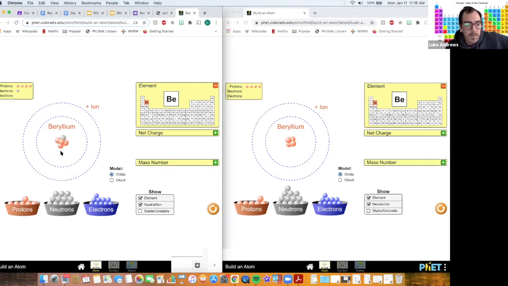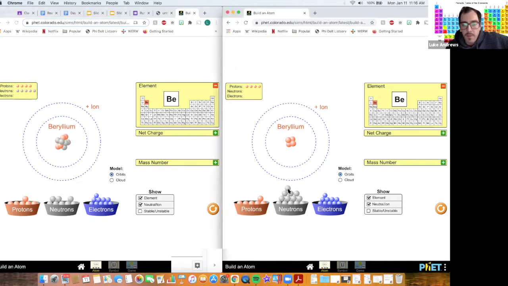So I have beryllium with 4 protons and 5 neutrons. I want to make this a neutral atom because there's nothing here saying that it's not a neutral atom, so I'm going to assume that it is.